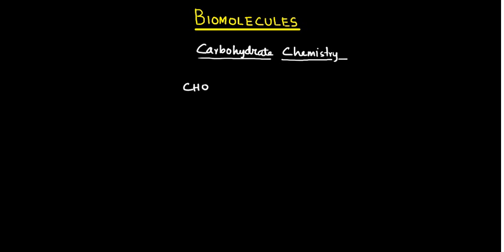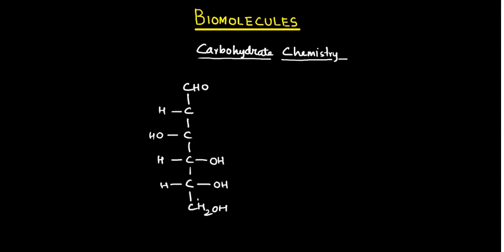This is CHO. So again it goes like this. So this is the structure of D-glucose, right? And this was the structure of D-glyceraldehyde.